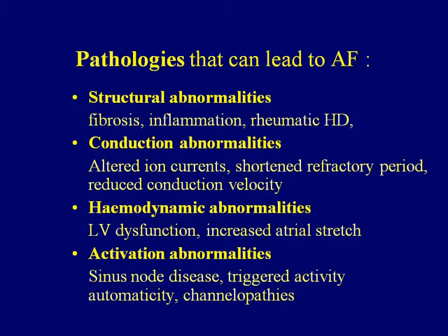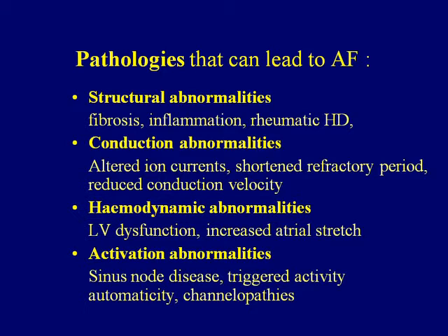Now, the second chapter is about the pathologies that can lead to atrial fibrillation. So far, all the classifications ignore this, but we have to know that atrial fibrillation can be based on structural abnormalities, like fibrosis, which might be the reason why it is increasing in age, because in age fibrosis is increased. Inflammatory diseases, acute myocarditis, which can be extremely silent. Of course, rheumatic changes that lead also to myocarditis.